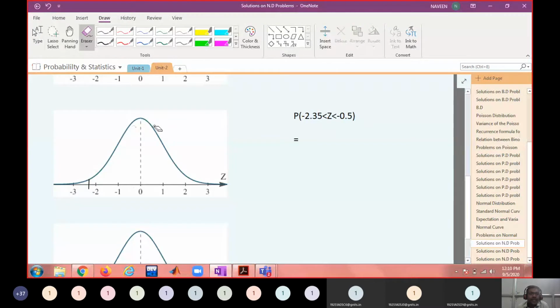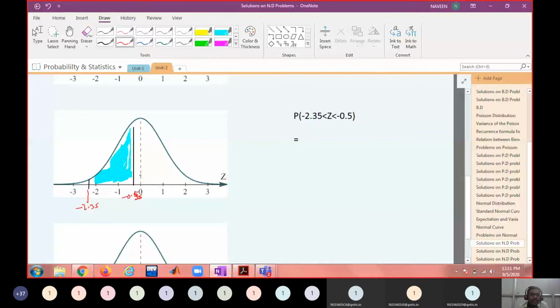So how do you find out the area between these two? You have to find out the area between these two. This value is minus 2.35 and this is minus 0.5.